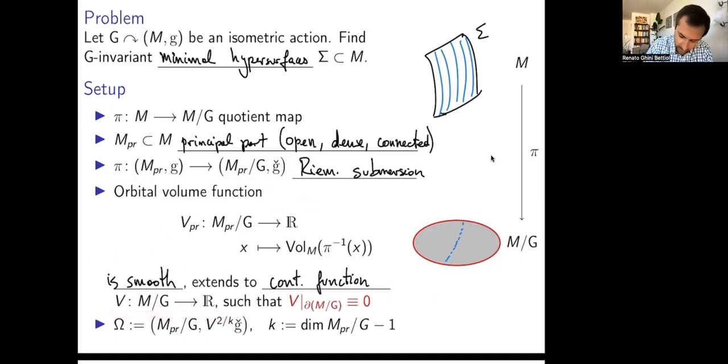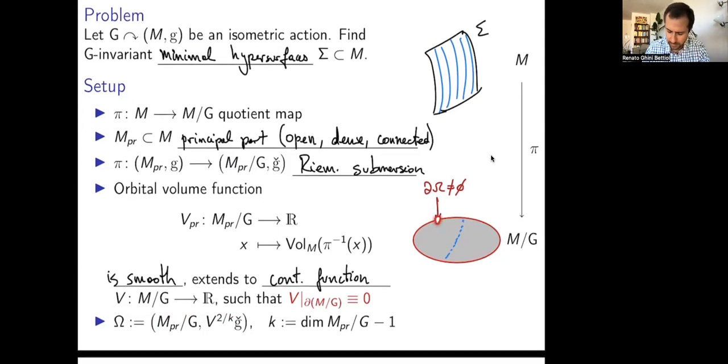If the orbit space happens to have boundary, for example, in this picture here, the boundary is non-empty, then this volume function is 0 along that boundary. That doesn't mean that the boundary corresponds to fixed points or orbits of 0 volume. It just means that they have 0 volume in the dimension of the principal orbits, right? So what it means is that the orbits corresponding here to the boundary are lower dimensional orbits.